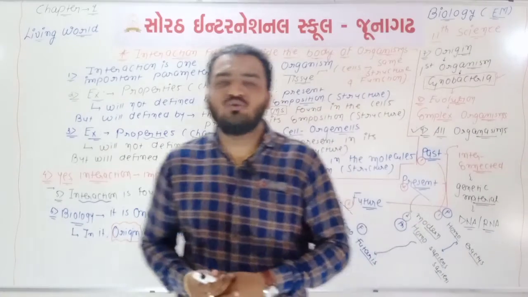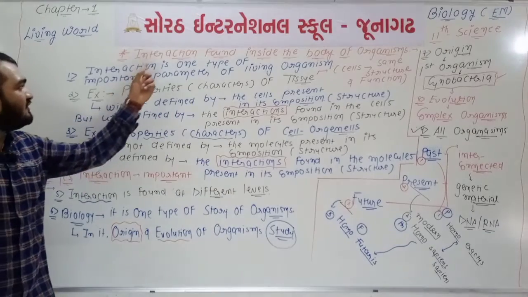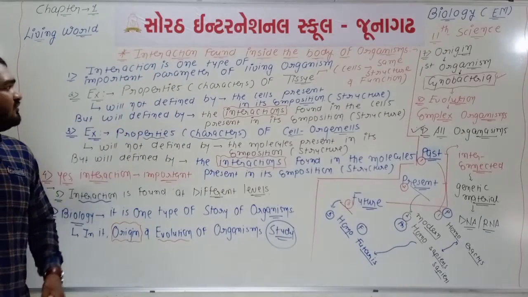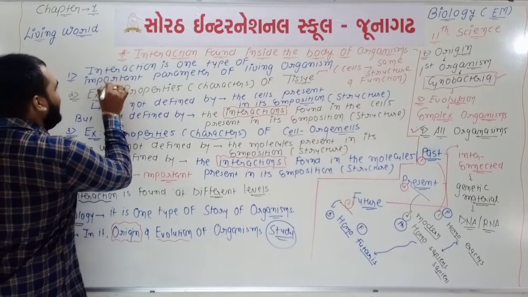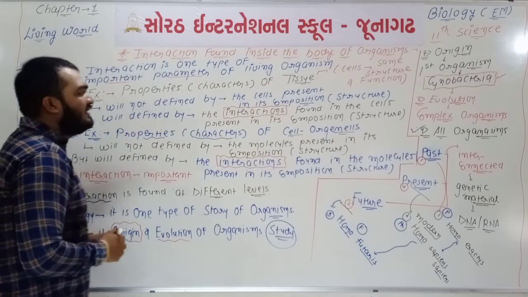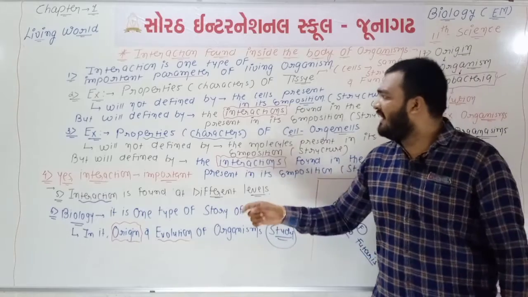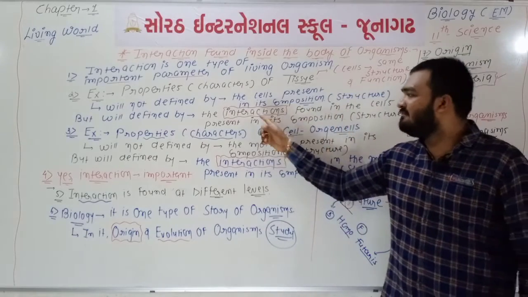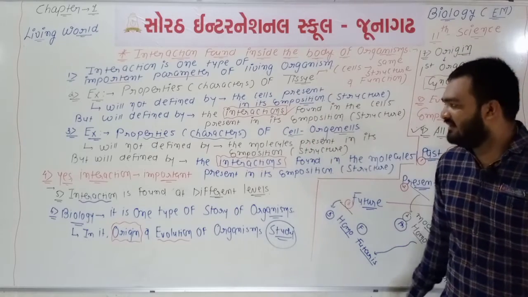Again we are going to revise this short note at a glance. The first point: interaction is one type of important parameter for the living organism. The properties or characters of a tissue will not be defined by the cells, but by the interactions found in the cells.